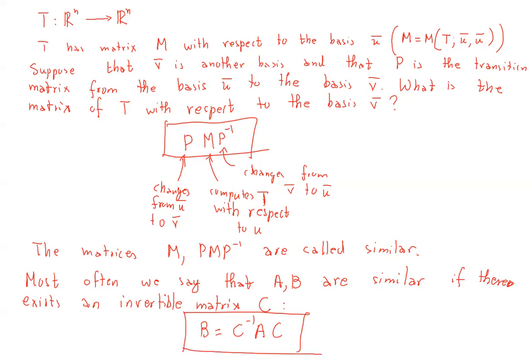So if you have a matrix and you multiply it on the left by a matrix and on the right by its inverse, or vice versa, it's the same thing, then you get a matrix which is similar to it. For all intents and purposes, similar matrices should be thought of as indistinguishable.